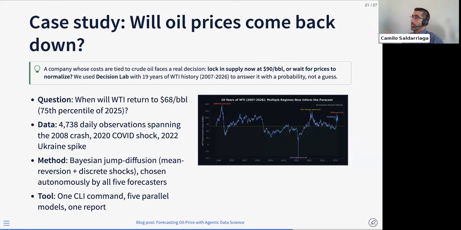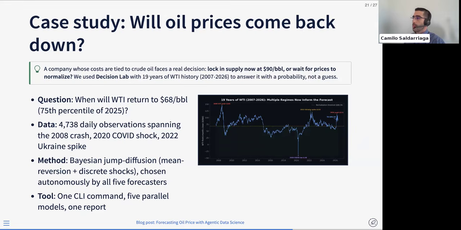And basically each decision pack, which are these submodels of the decision lab, contains a whole set of configurations, and in this case a number of options of possible models that it can check to answer the type of question. And we put this into the decision pack. And knowing the current situation of oil prices, we set a threshold which corresponds to the 75th percentile of the oil price in 2025.